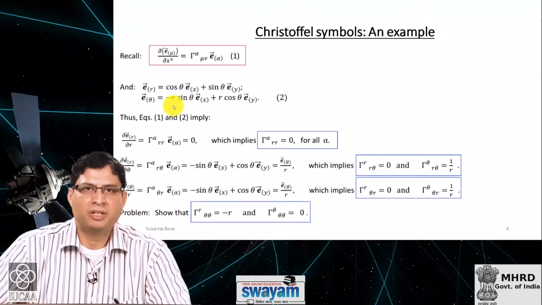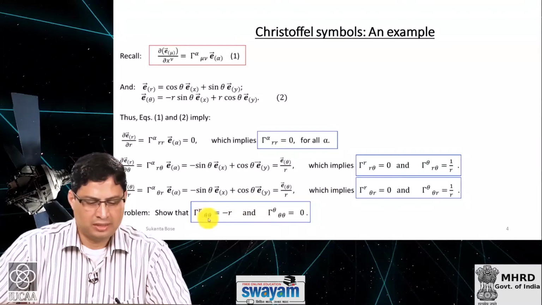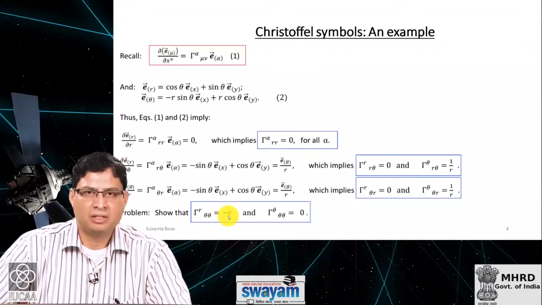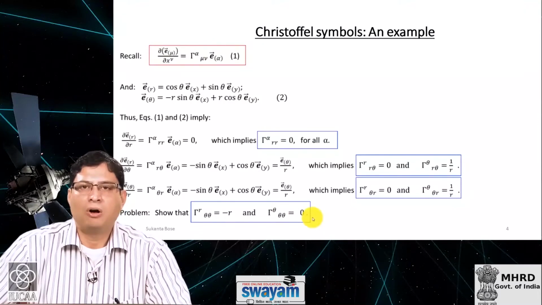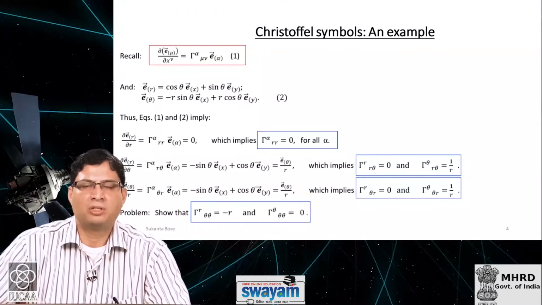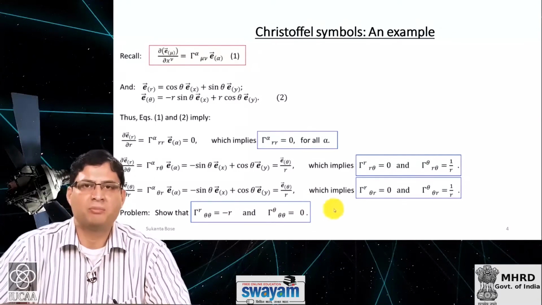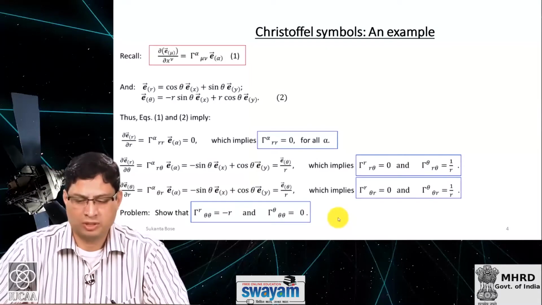That will be non-trivial because E theta depends on theta from equation 2. You can show, however, that gamma r theta theta will be negative r and gamma theta theta theta will be 0. This will then complete all the Christoffel symbol component extraction for this simple two-dimensional coordinate transformation in flat space, namely from the Cartesian coordinate system to the polar coordinate system.